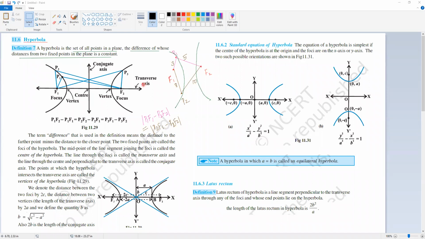In the ellipse we called it the major axis. The line perpendicular to the transverse axis and passing through the center is known as the conjugate axis.